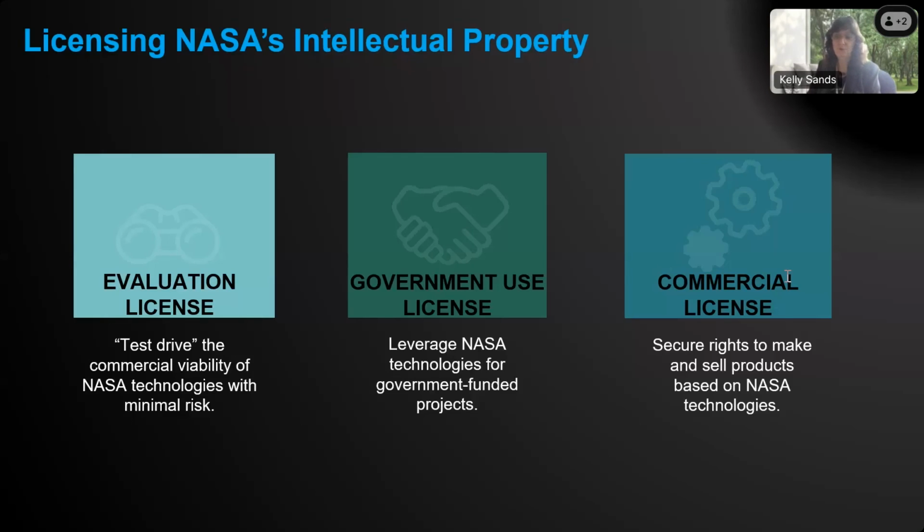This is not a full rights license. The licensee may only use this technology in support of a U.S. government-funded project. And finally, the commercial license. This is a full rights license that is individually negotiated, and these licenses can be non-exclusive or exclusive in the field of use.